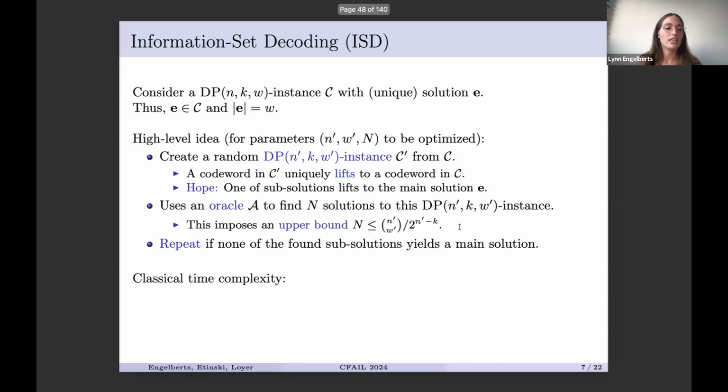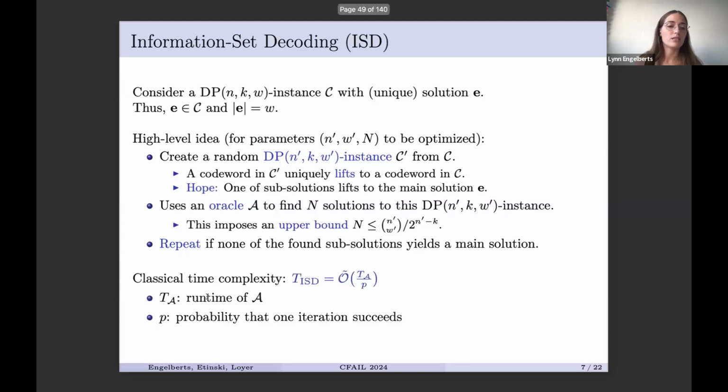This also immediately explains the time complexity of this ISD algorithm. If p is the probability that one iteration succeeds, then 1 over p repetitions roughly suffice to find a solution with high probability. The cost of one iteration is dominated by the cost of this oracle A. If I denote this by T_A, then the total cost is the runtime of A times 1 over p.